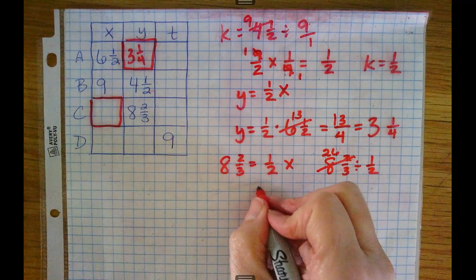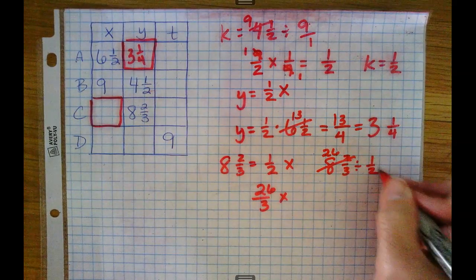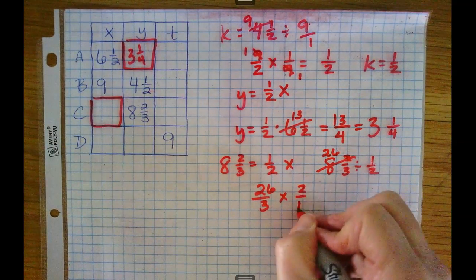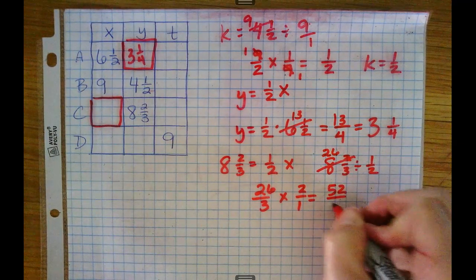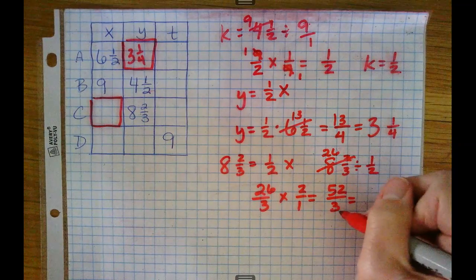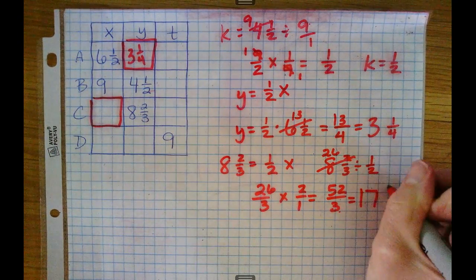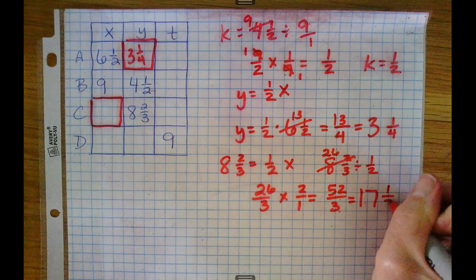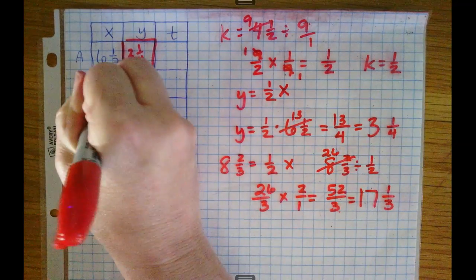Change it to multiplication. 26 over 3 times invert 2 over 1. 2 times 26 is 52 over 3. Change that to a mixed number. 3 will go into 52 17 times with a remainder of 1. So my mixed number is 17 1/3.